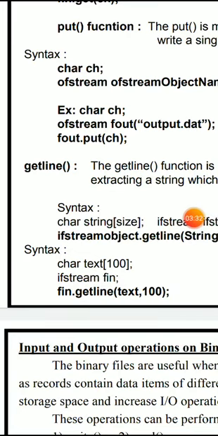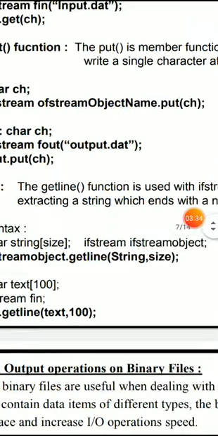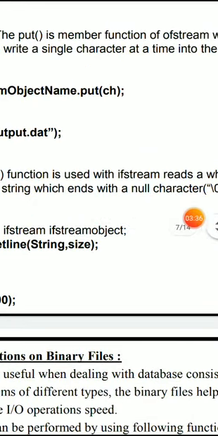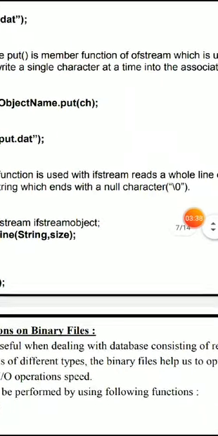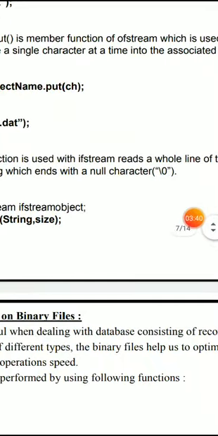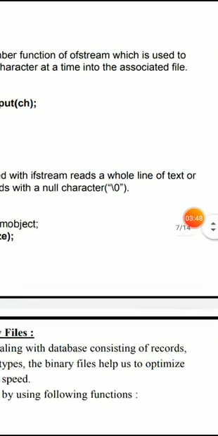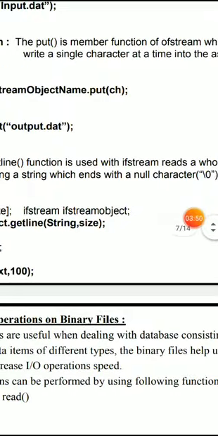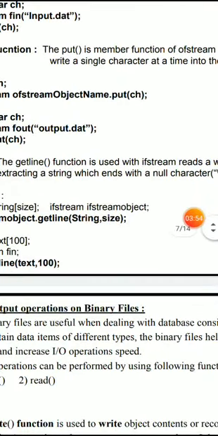Similarly, the getLine function is used to read an entire line of text, one line of text at a time. Usually while storing information in a text file, each text line is terminated with an EOL character, and as you know, each string is terminated with a null character.